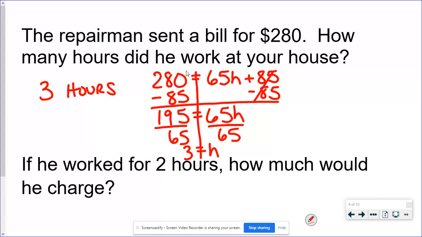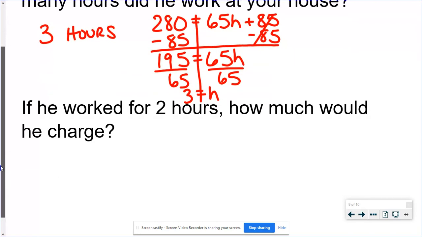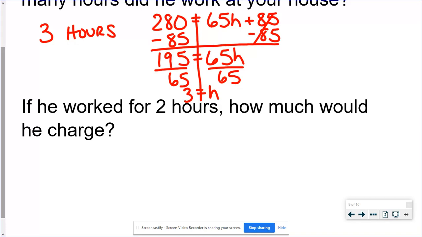Okay. Now, if this repairman worked for 2 hours, how much would he charge? And again, I could totally see you doing this without an equation, just saying, well, $65 for each hour and then add the 85. It's really what's happening in the equation anyway, though. So the cost would be $65 for each hour plus that initial fee to get there.